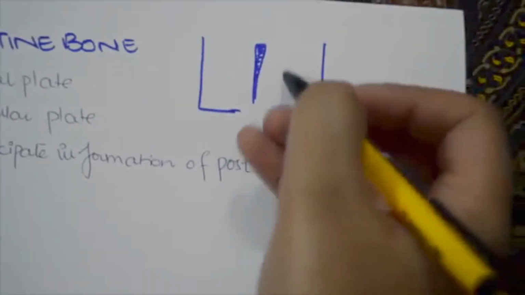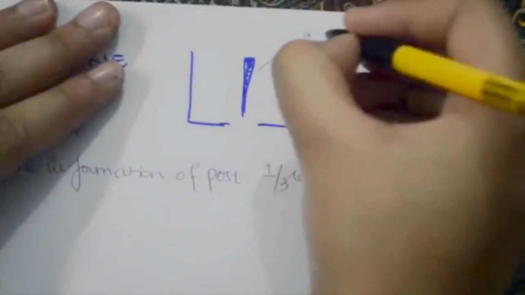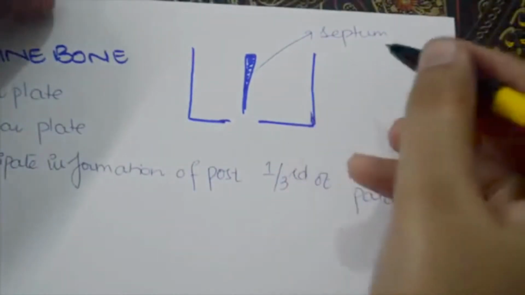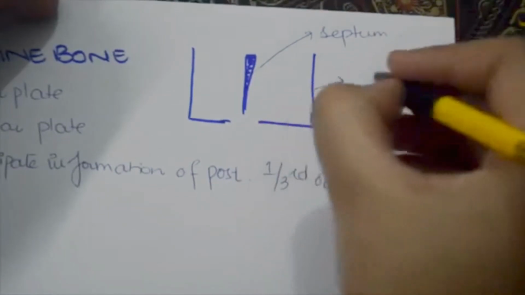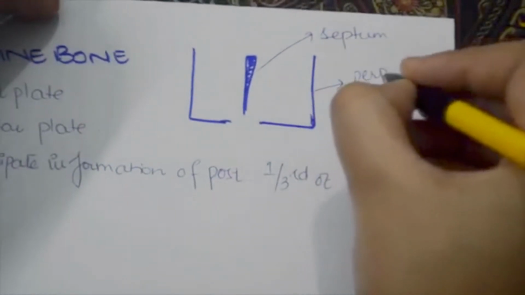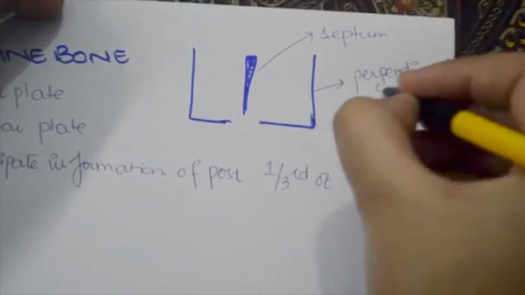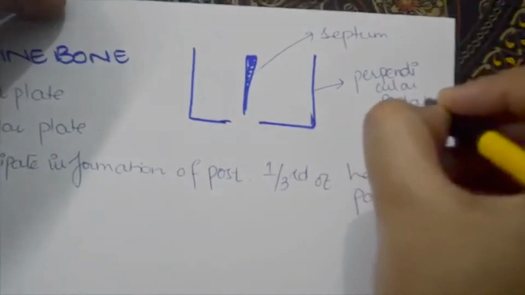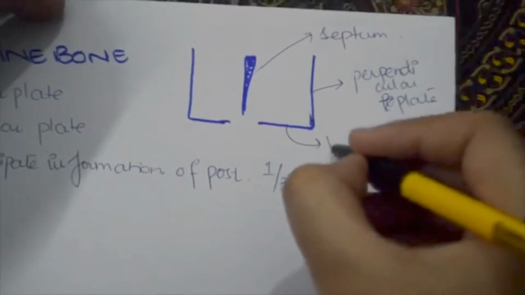The thing I made in the middle is the septum. This is the perpendicular part of the palatine bone, and this is the horizontal plate.